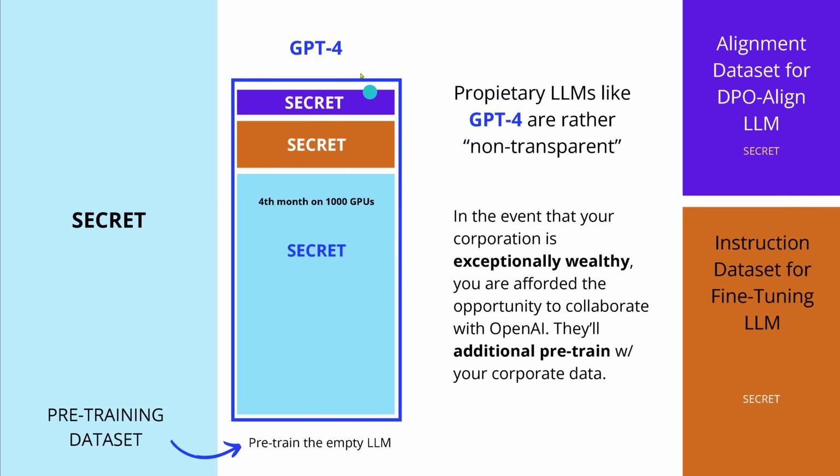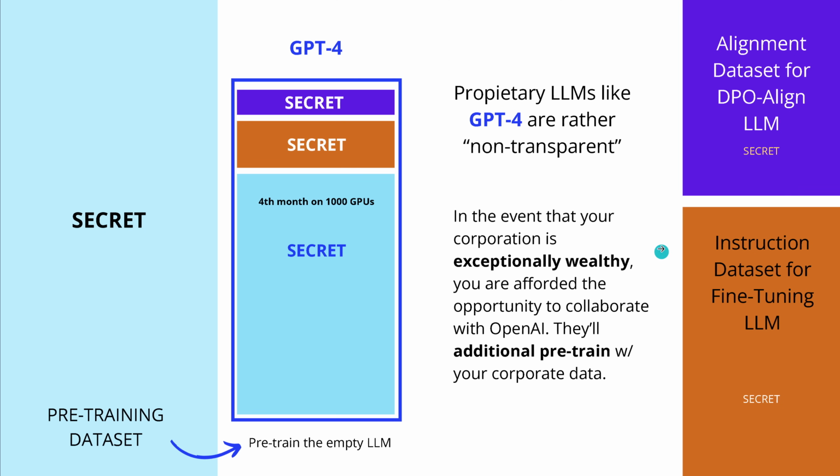And then here, for example, this company, OpenAI, is willing also for specific wealthy companies to additionally pre-train their GPT-4 on your company pre-training data set on your fine-tuning data set. So all these secret proprietaries, they simply ask you quite a lot of money to do the pre-training and fine-tuning on your data. But hey, it's just a question of money.